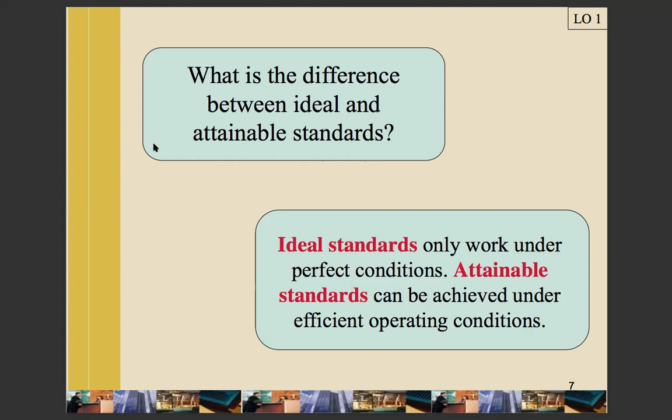The ideal standard demands maximum efficiency, so it can be achieved only if everything operates perfectly. There is no machine breakdown, no lack of skill, everything is under control and in standard procedure. So that was the ideal standard.